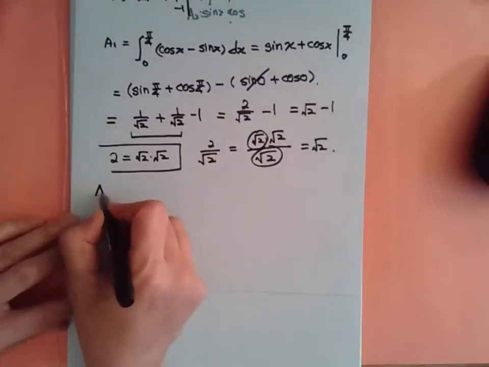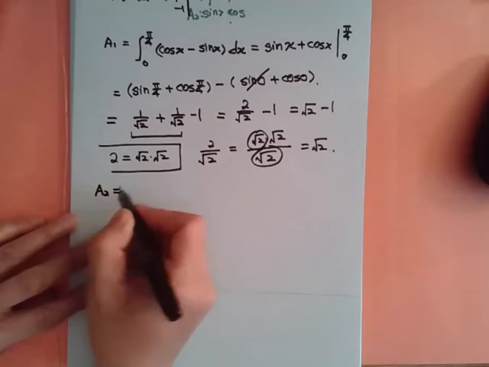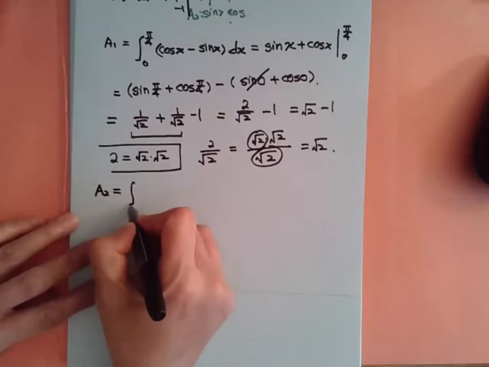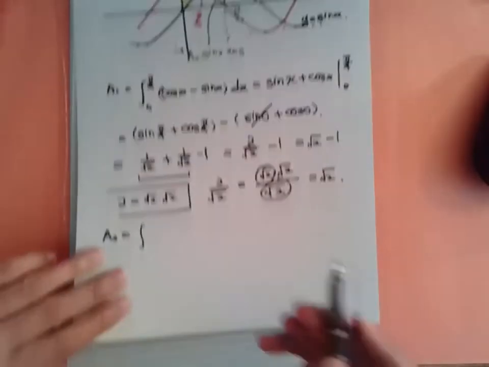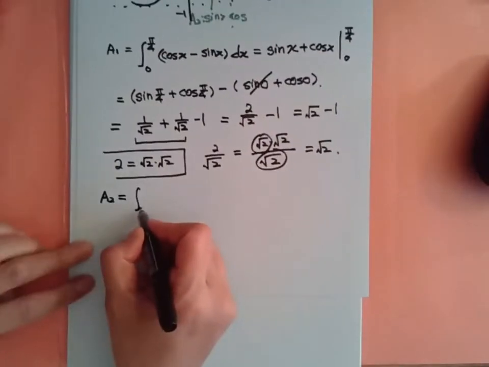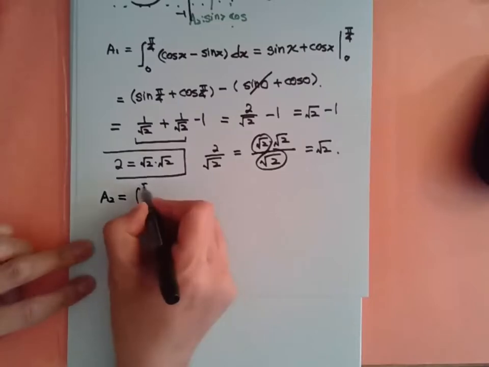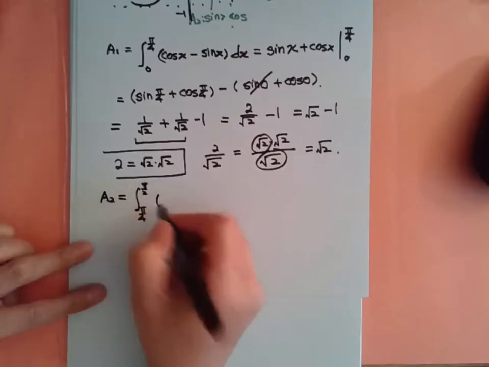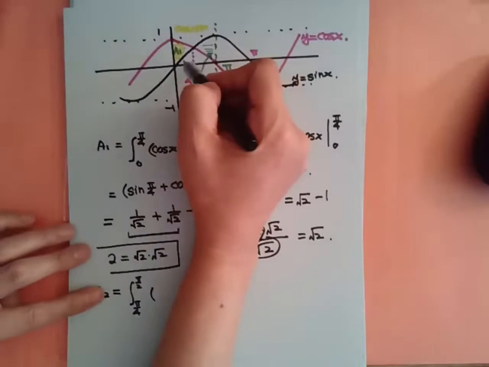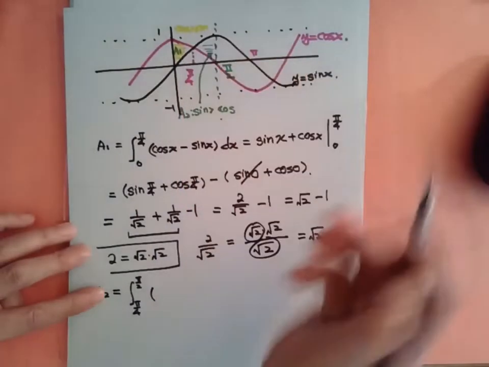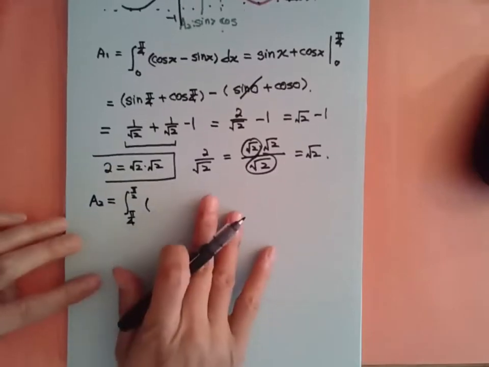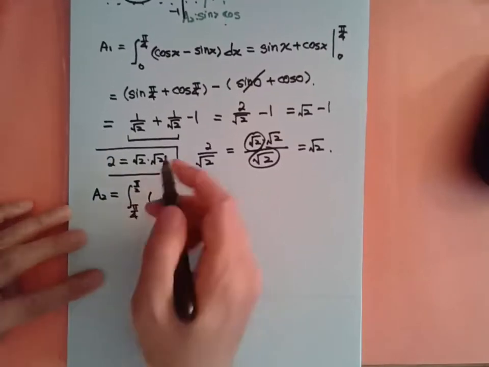Let's do the similar calculation for the second area. The second area ranges between pi over 4 to pi over 2. In that region, this black graph, which is sine, is larger than cosine. So cosine will be subtracted from sine.